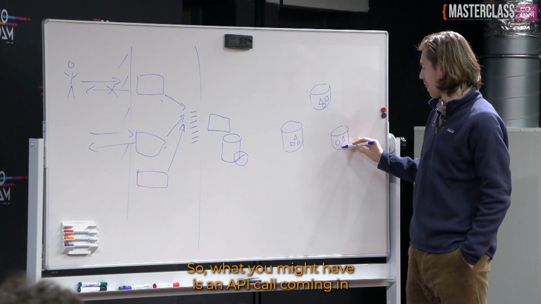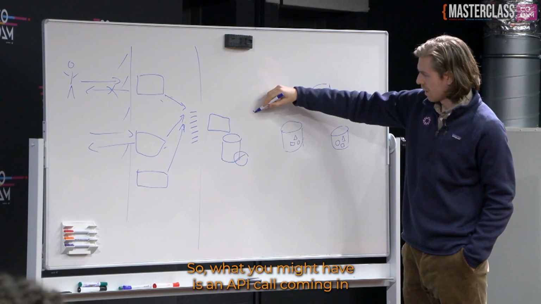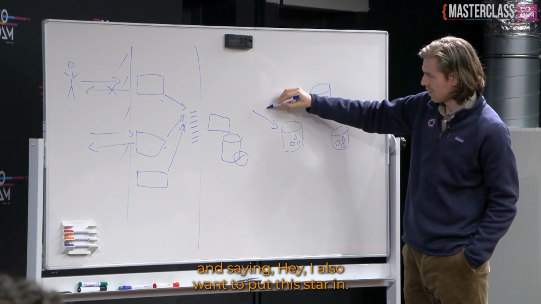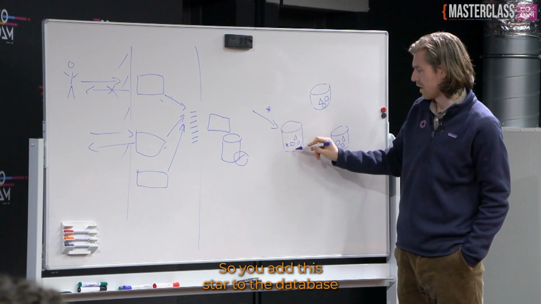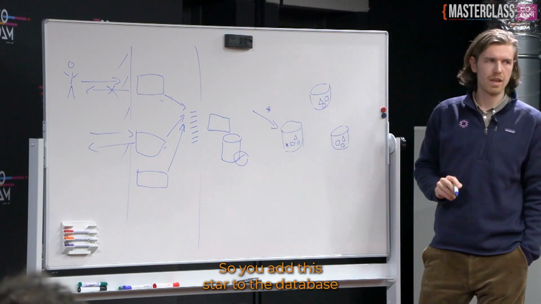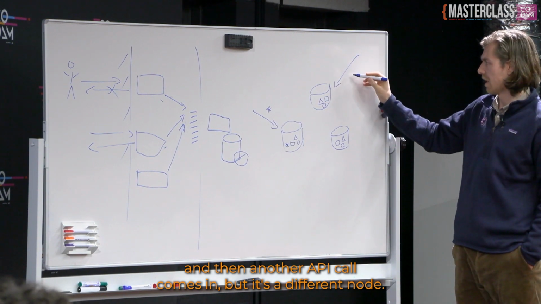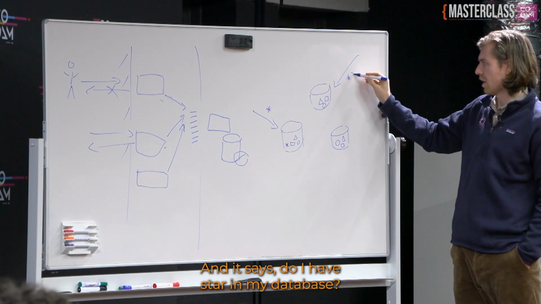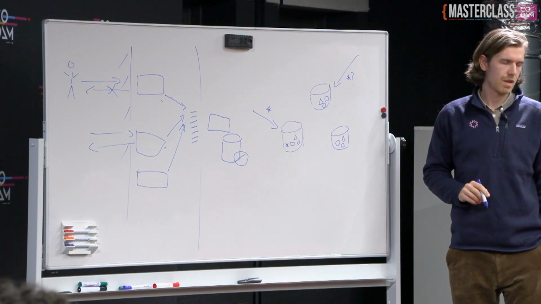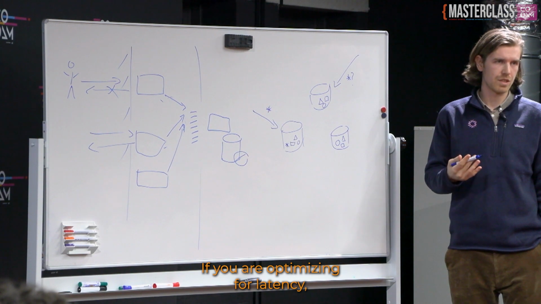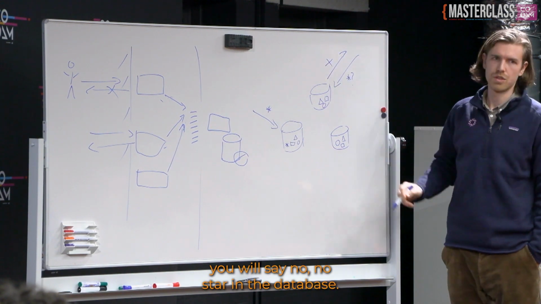So what you might have is an API call coming in and saying, hey, I also want to put this star in. So you add the star to the database, and then another API call comes in, but it hits a different node. And it says, do I have star in my database? Right? If you are optimizing for latency, you will say, no star in the database.